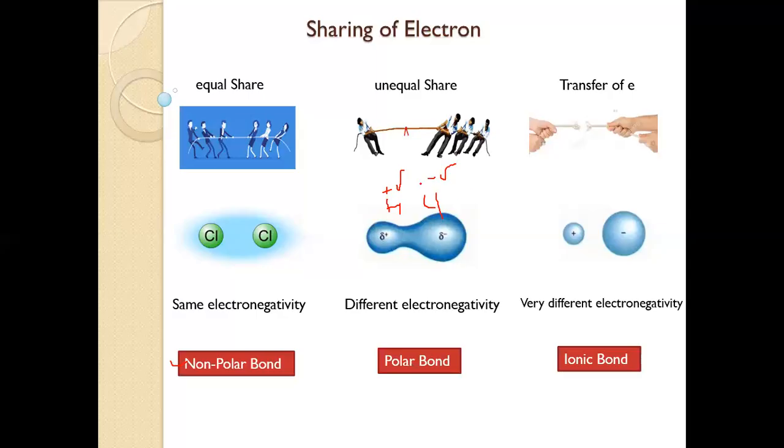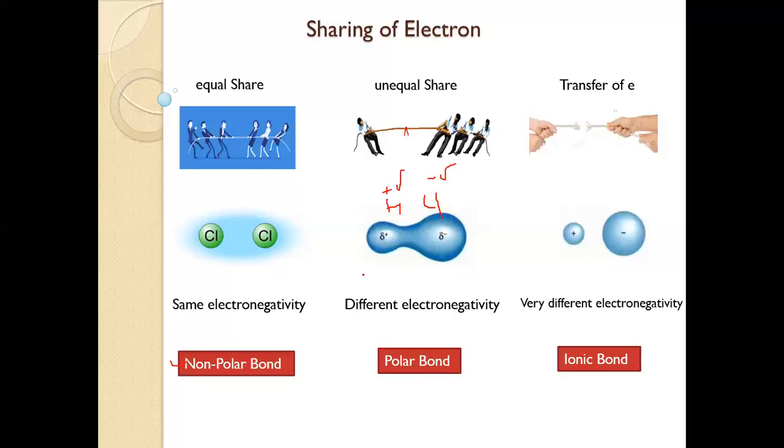Due to the electronegativity difference, chlorine has more electronegativity as compared to hydrogen. That's why on chlorine there is a partially negative charge, and on hydrogen a partially positive charge. The electrons are moved toward the more electronegative atom.